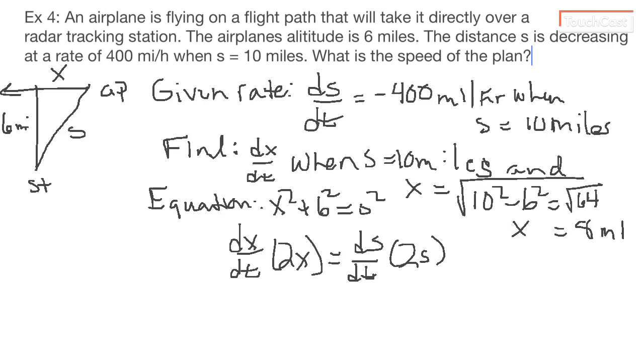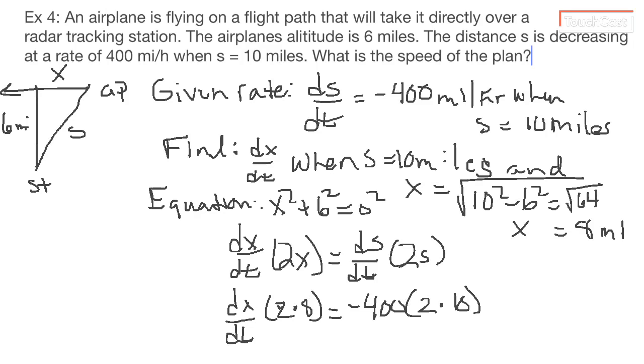So let's put the information we know in here. We know ds/dt is negative 400 and s is 10, so we have 2 times 10. We also know that x is 8, so we have 2 times 8 times dx/dt.